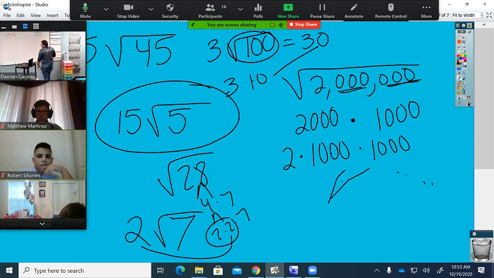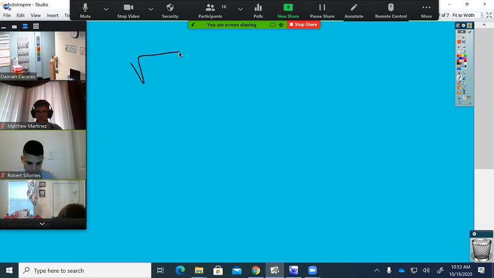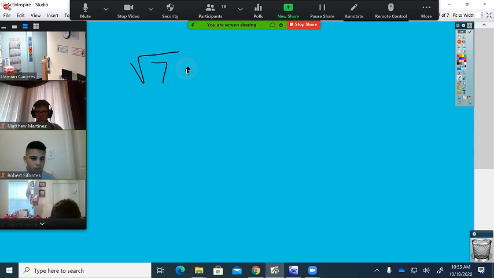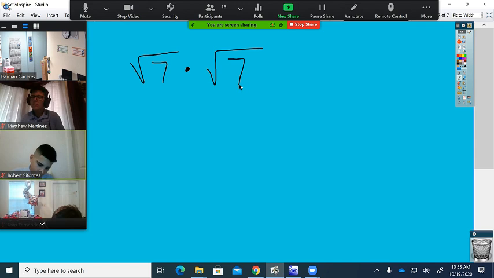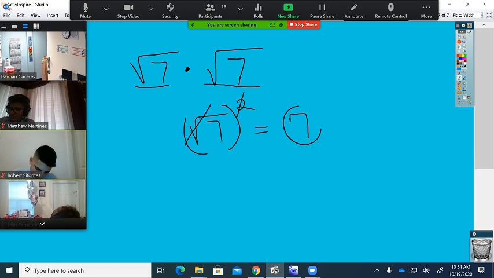Now let's take the next step. The next step is a radical times a radical. Now, the way the book shows you this is anything multiplied by itself can be written as a square. The square cancels the square root. The answer is 7.